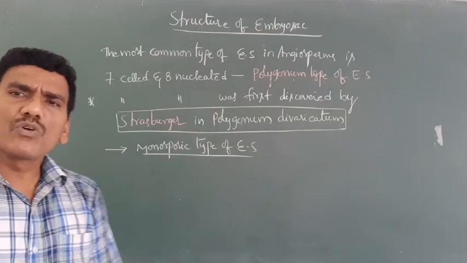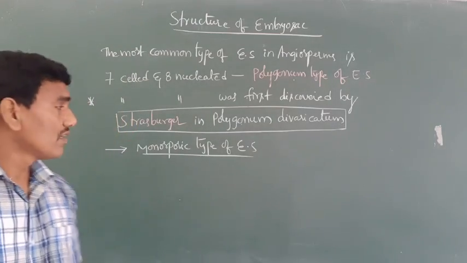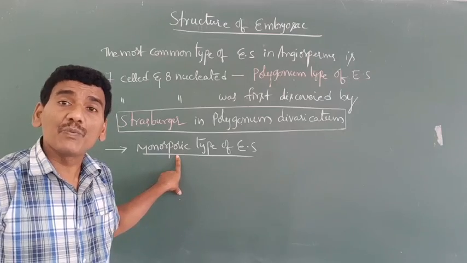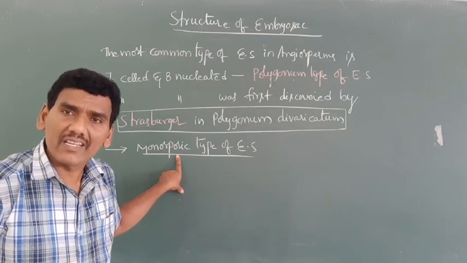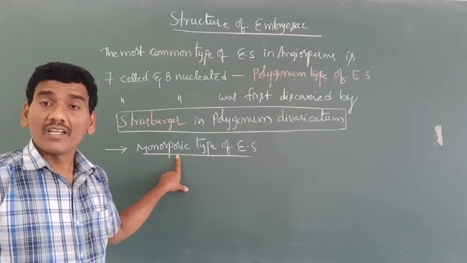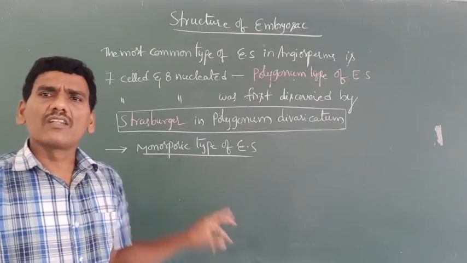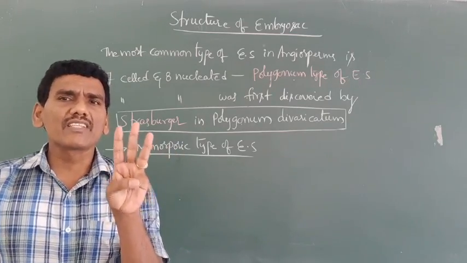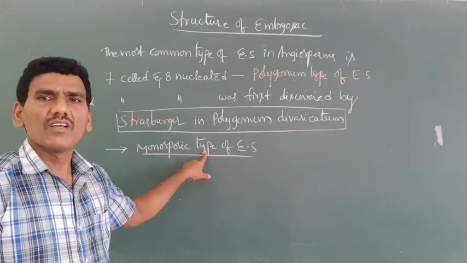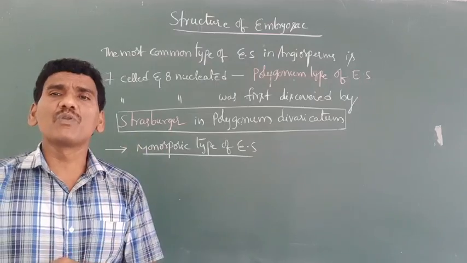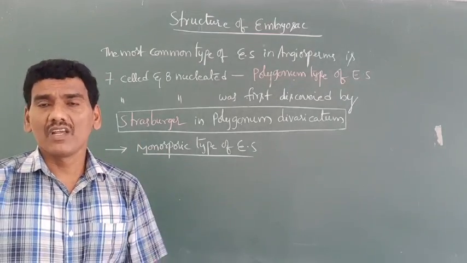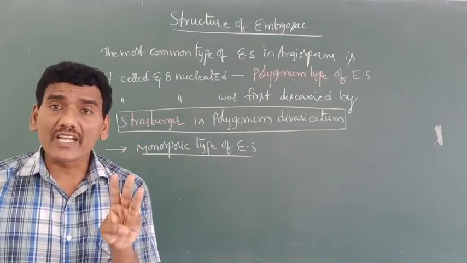What is meant by the monosporic type of embryo sac? The embryo sac developed from a single megaspore. You know that 3 different types of embryo sacs are present.